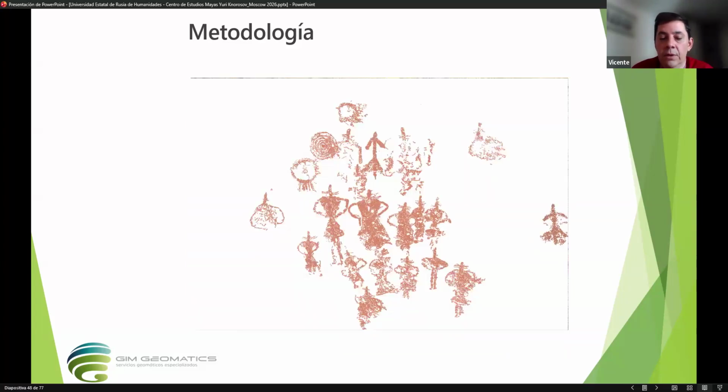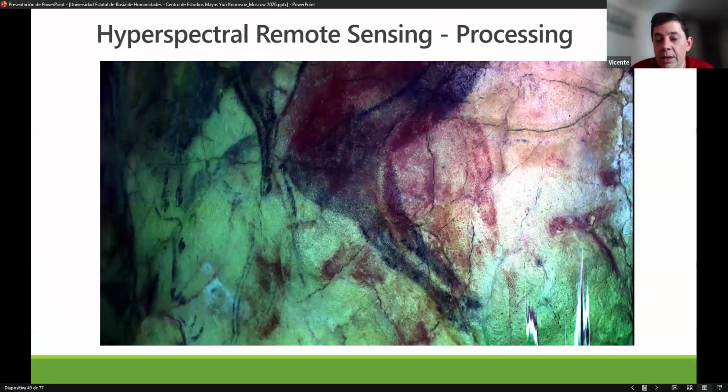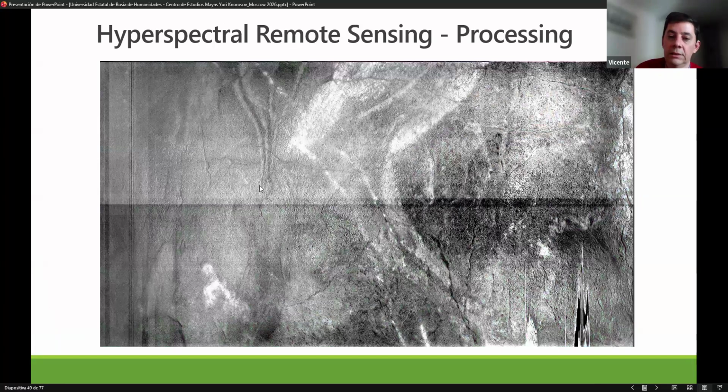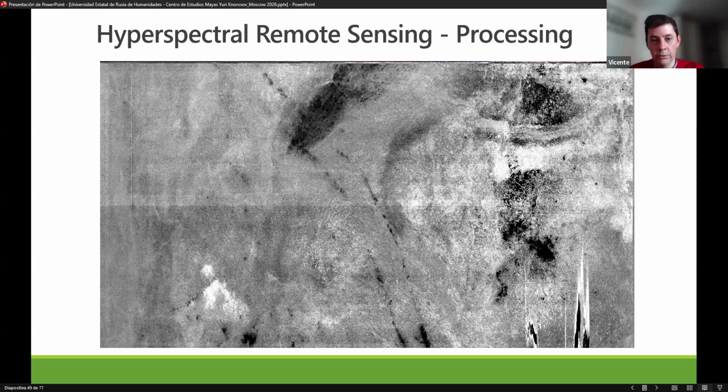In Altamira, this is hyperspectral. So we saw some lines that are below the art you can see. Here you can see in black these parallel lines that cross all the ceiling. So these are the first part of the ceiling that was painted.